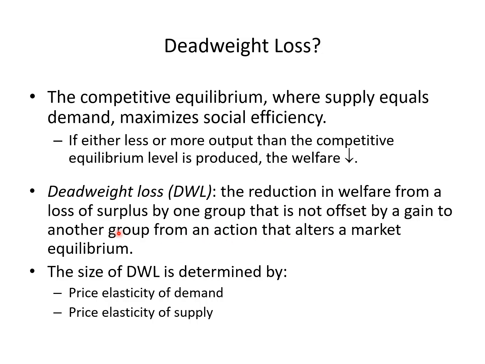So this is when there's a loss of one group that is not offset by a gain to another group in the market. And how large this deadweight loss is is a function of something called the price elasticity of demand and price elasticity of supply. We'll get into a bit more of what that means in a second.